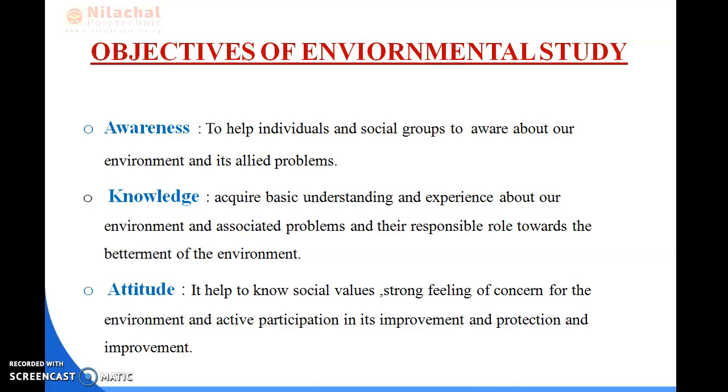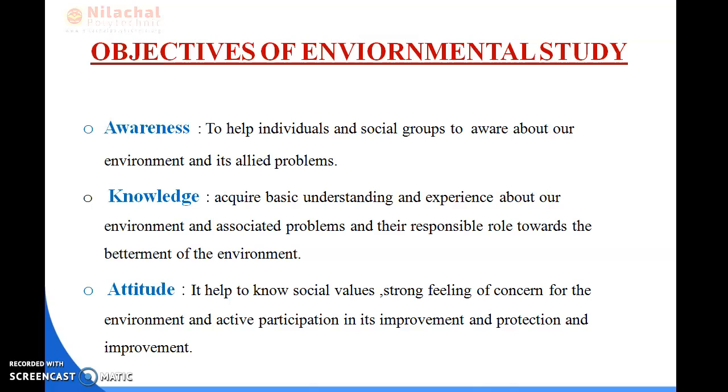Next one is your attitude. Attitude helps individuals and social groups to acquire social values, strong feelings of concern for the environment, and the motivation for actively participating in its protection and improvement.